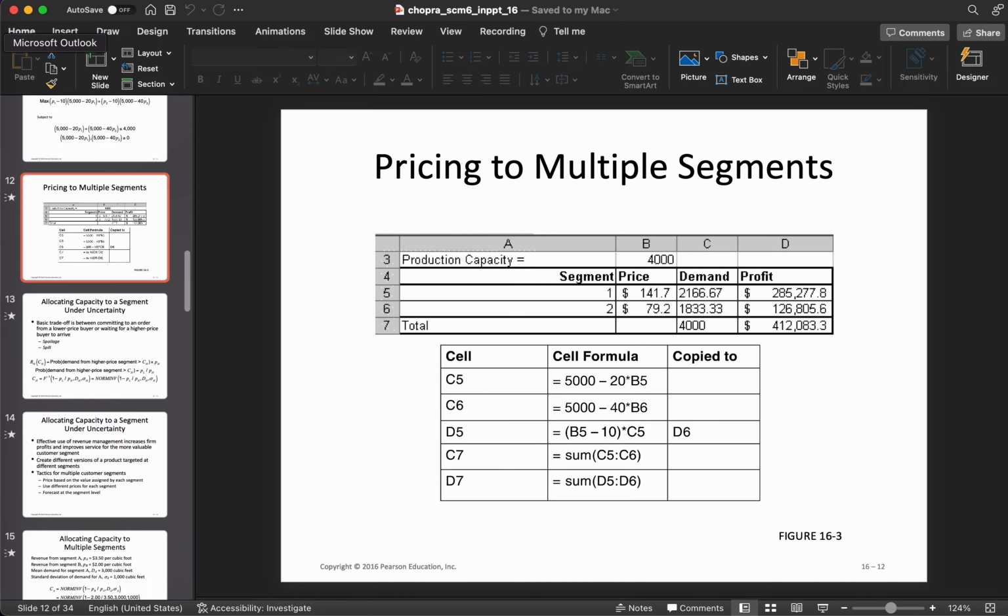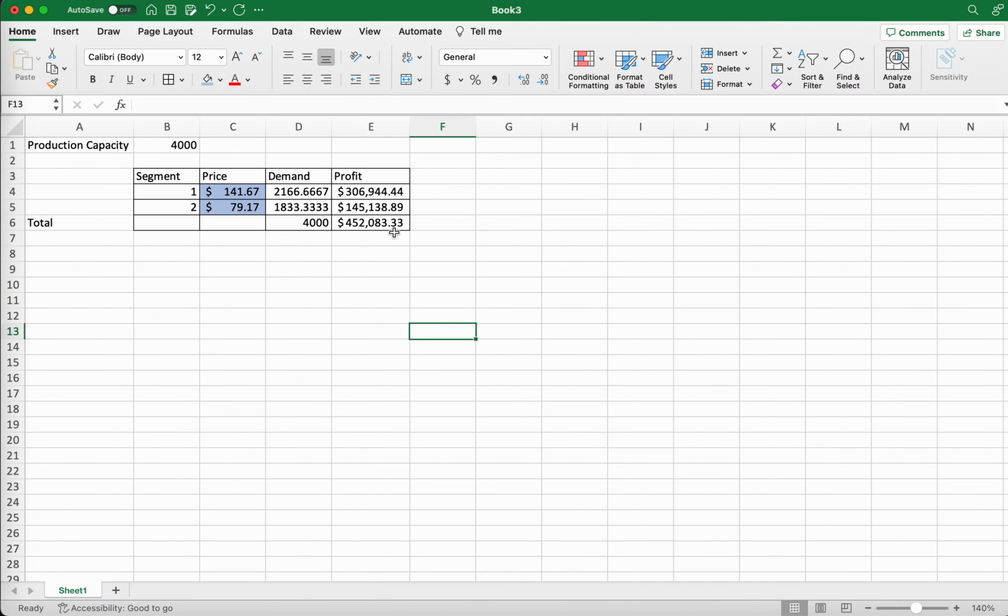Oh, right. I'm so sorry. Profit, I did not include the cost values, right? I just wrote demand times price. I did not include the $10 cost that we incur. So I can write that here, minus $10 times demand.